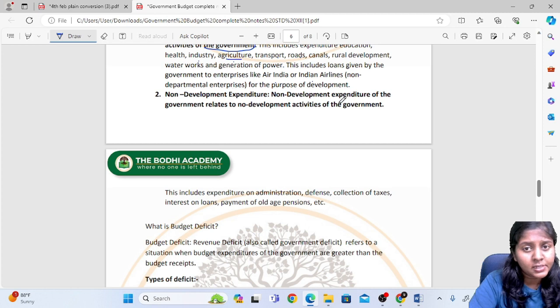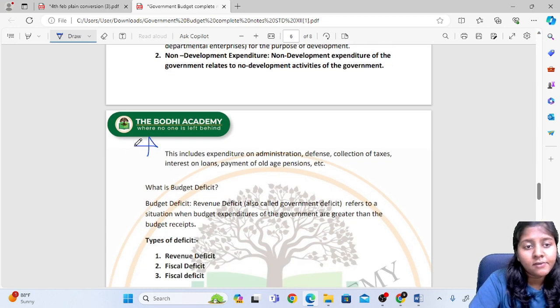Non-developmental expenditure is an expenditure of the government which relates to no development activities of the government. And what are the examples? These are very important. That is expenditure on administration, defense.